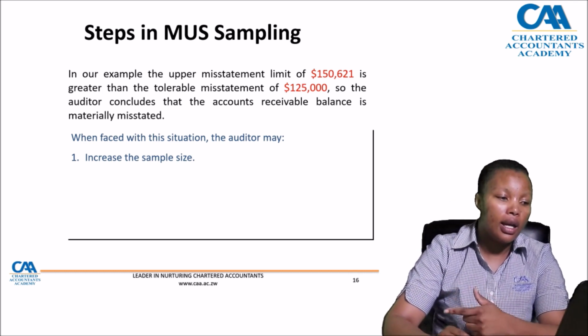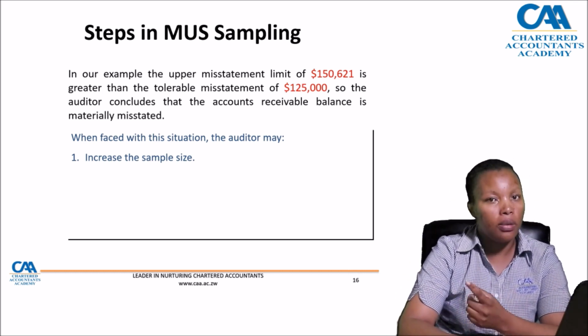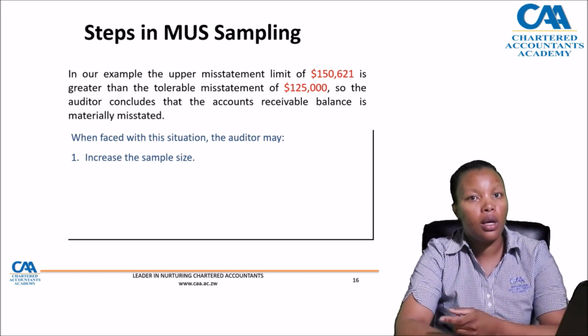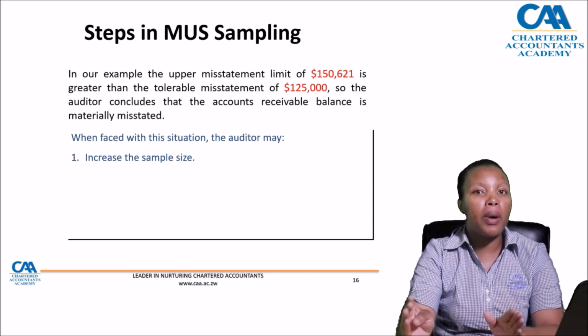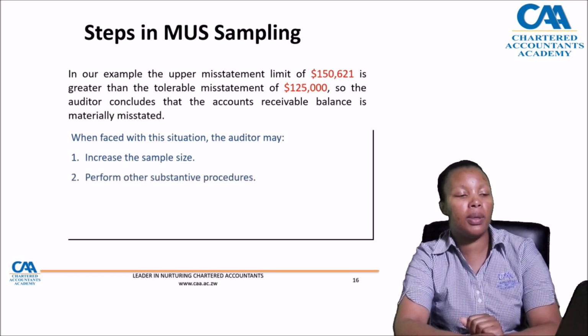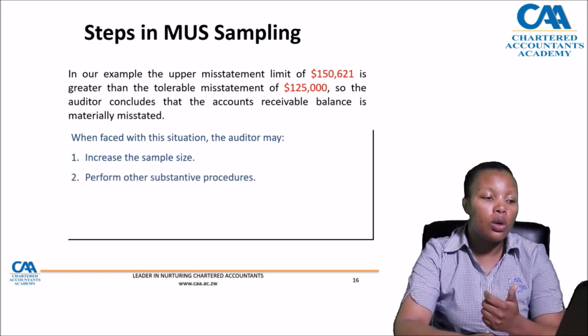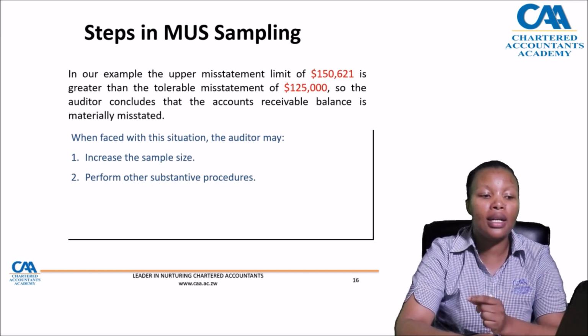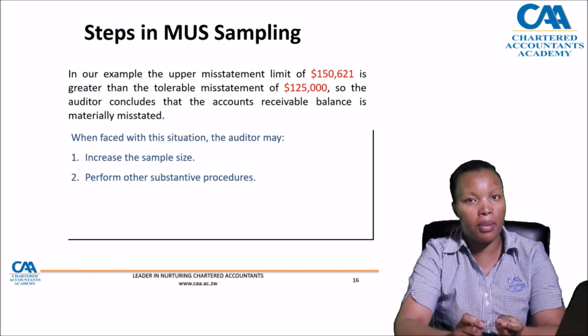The next thing, as I said, is to perform other procedures. Maybe they'll need to expand on the procedures that they had determined to carry out in the first place at the planning stage. Or they could also request the client to adjust the accounts receivables amount.